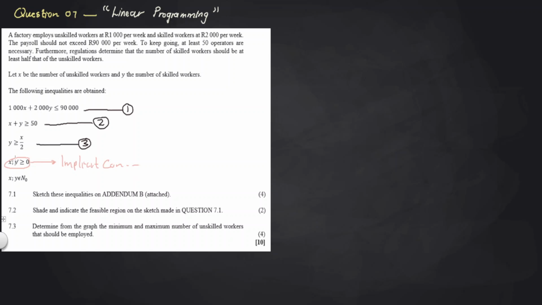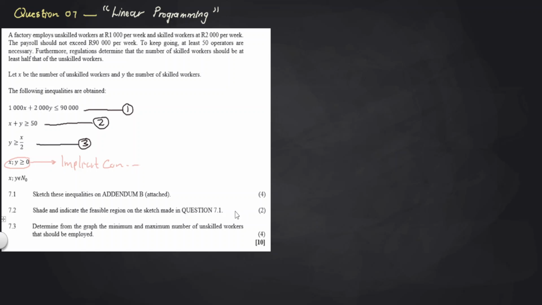In fact, let me just say we're not plotting them. They're just there to keep our constraints captured in the first quadrant. I will highlight our implicit constraints.